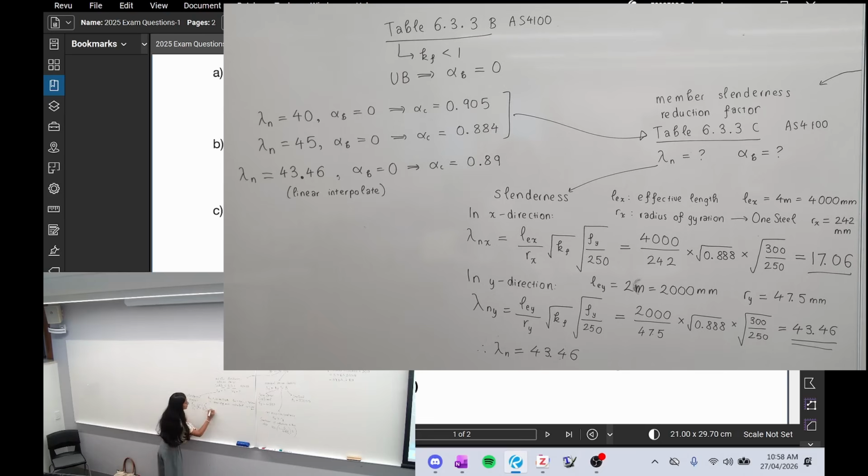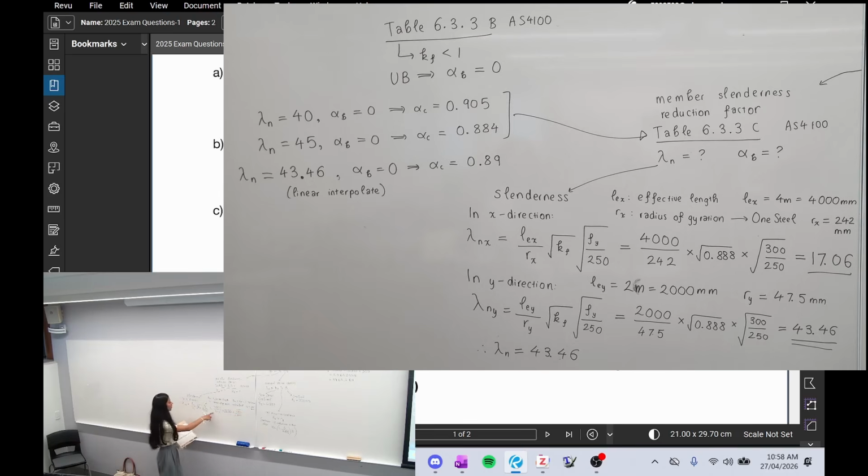So we can put this all into the formula. That'll be 4,000 over 242, times root 0.888, times root 300 over 250.